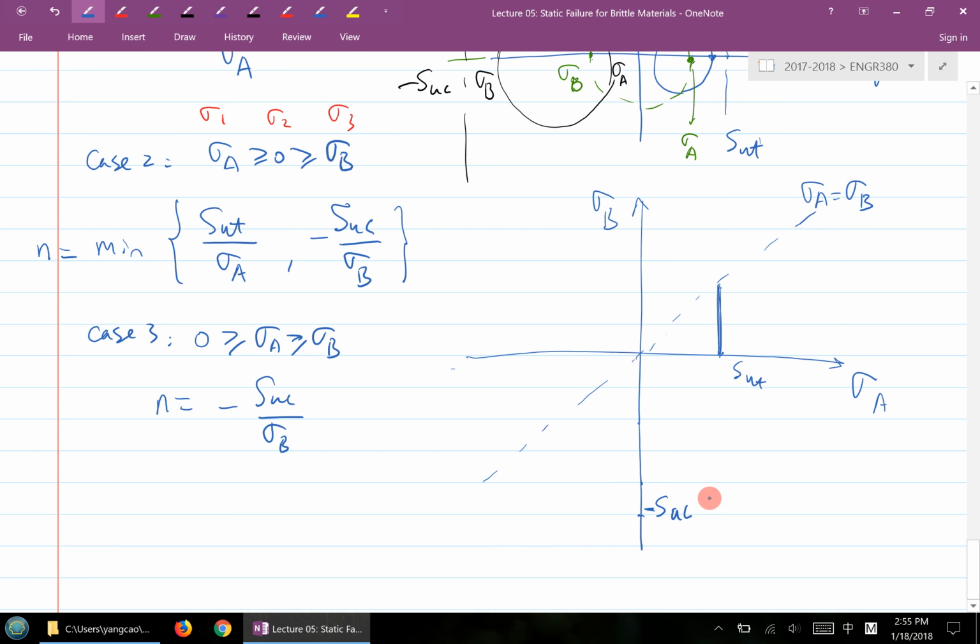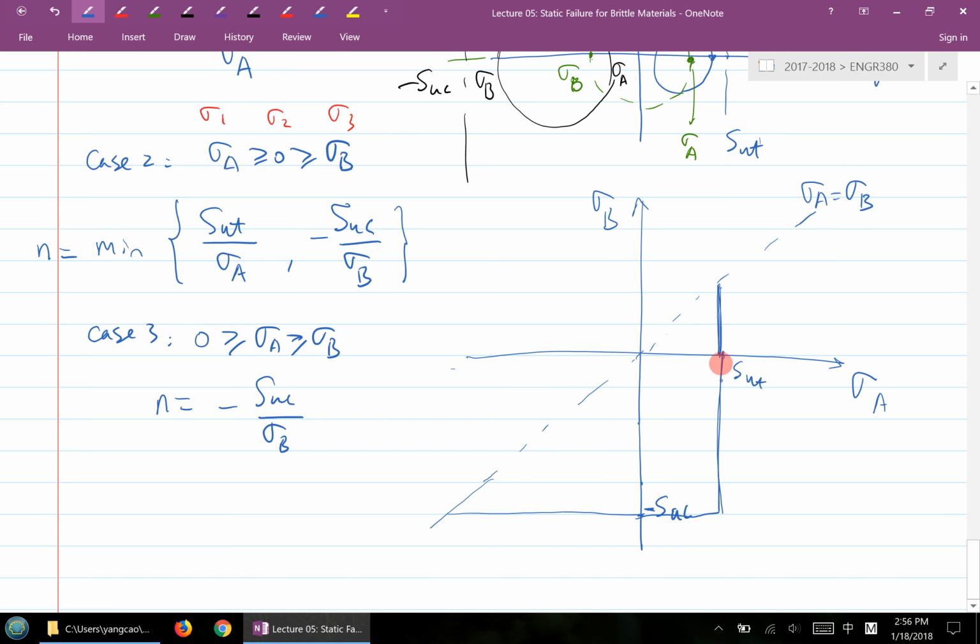For the second case, sigma A greater than 0 and sigma B less than 0, you're looking at this portion here. And the last case is this portion here.